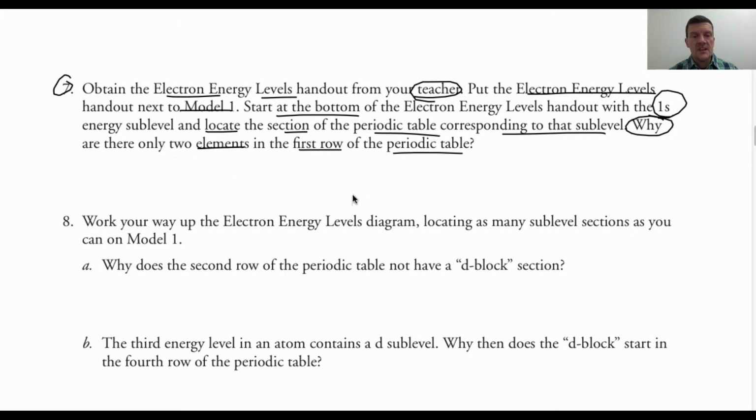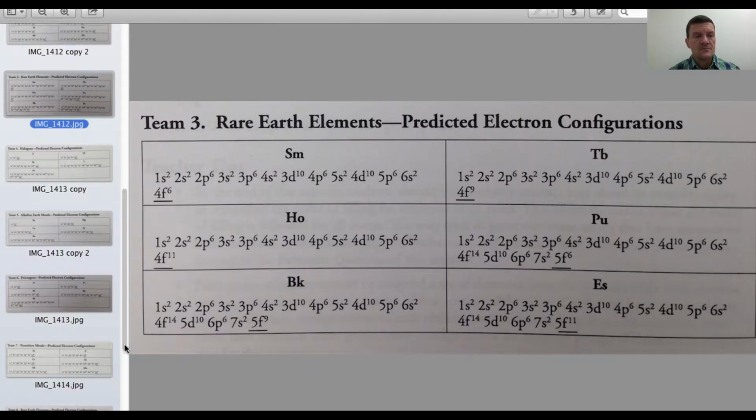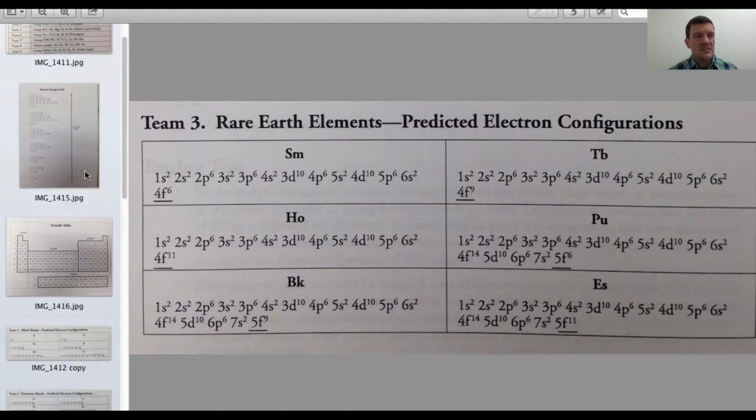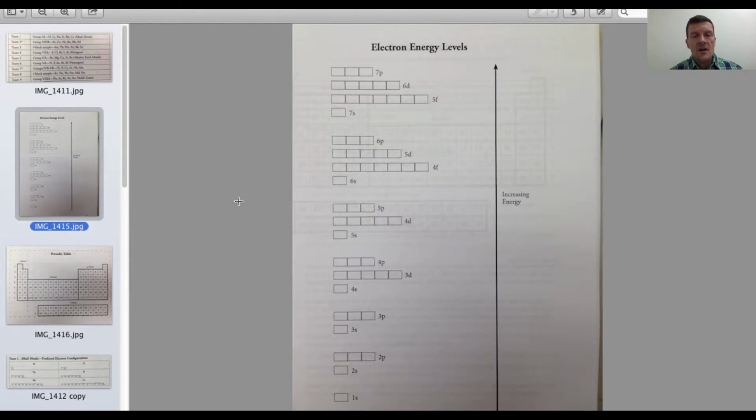Well, let's look at our energy level diagram. The energy level diagram looks like this. All this is saying here is the electrons are going to fill the lowest energy orbitals first. Usually those orbitals are closest to the nucleus. The lowest energy ones are closest to the nucleus.